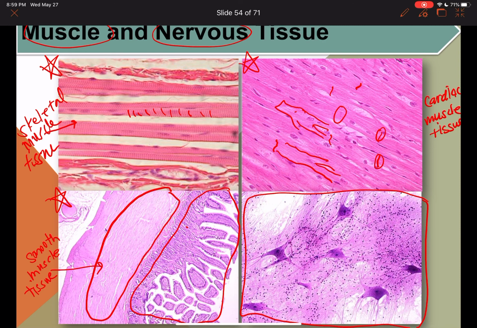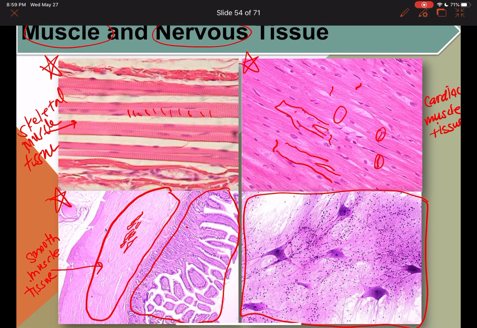So you can see that they are kind of like this, the little cells that are spindle shaped lining up against each other. So that's another key for you for smooth muscle tissue: I will purposely show the epithelial part of the organ to show you, hey, this may be smooth muscle tissue. Whereas for cardiac and skeletal muscle, I won't show any epithelial tissue.